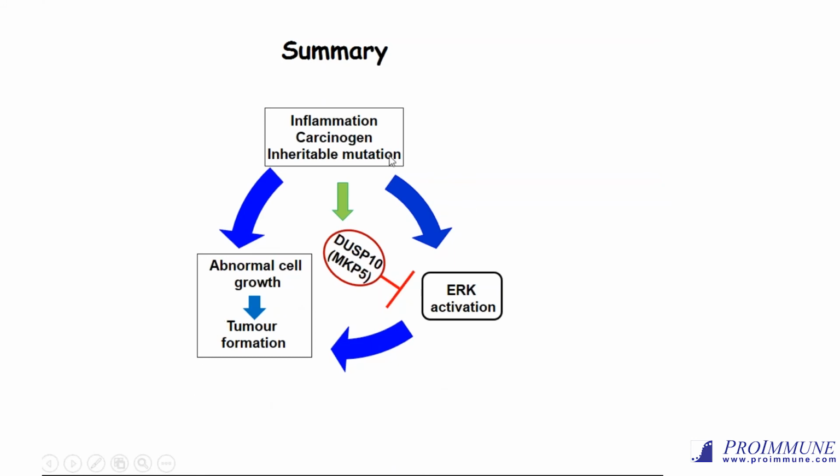In the development of the tumors, ERK activation was induced by the mutation of KRAS or BRAF, which will promote tumor formation. And if we have DUSP10 expression during this process, then DUSP10 will be able to inhibit the activation of ERK, thereby inhibiting the formation of colorectal cancer.